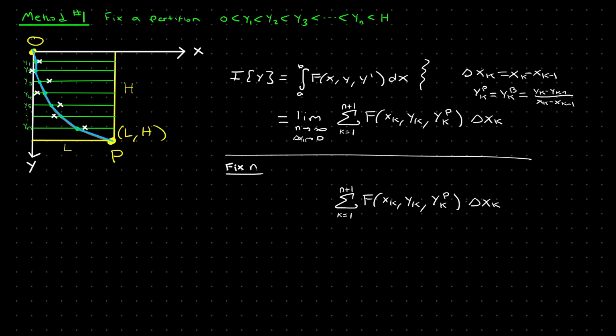And when we do this, this summation right here depends on only the x's. So this is a multivariable function phi of x1, x2, all the way up to xn, all of the possible x values that we can choose.